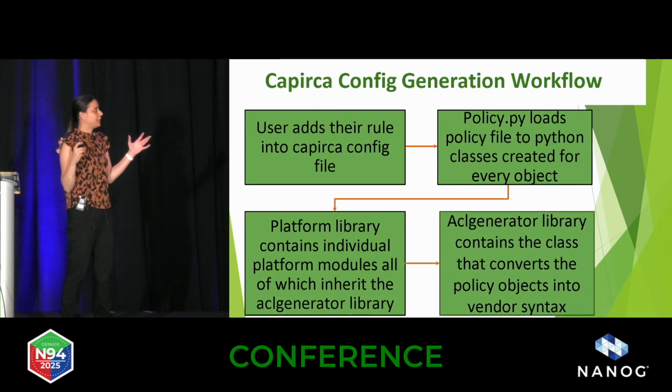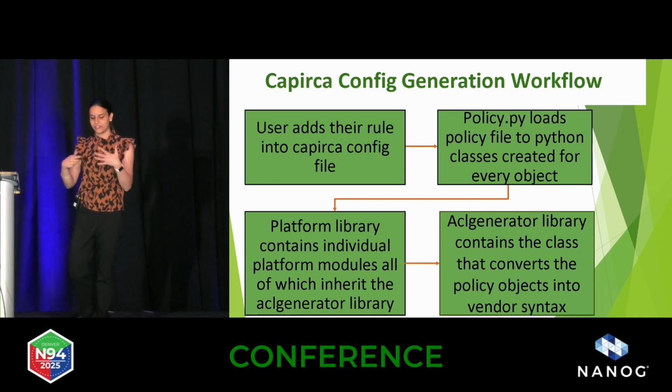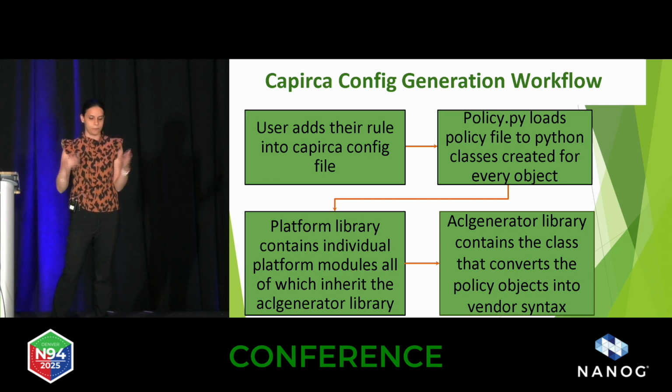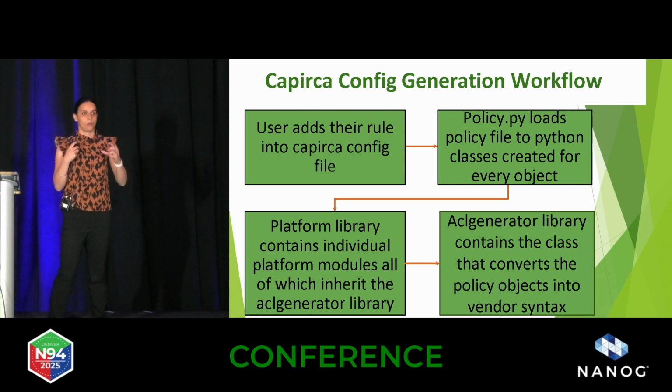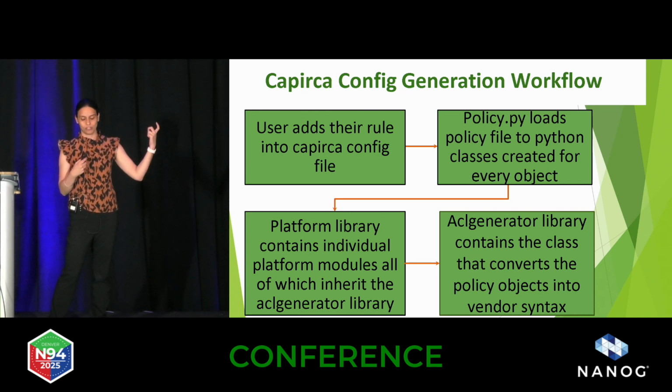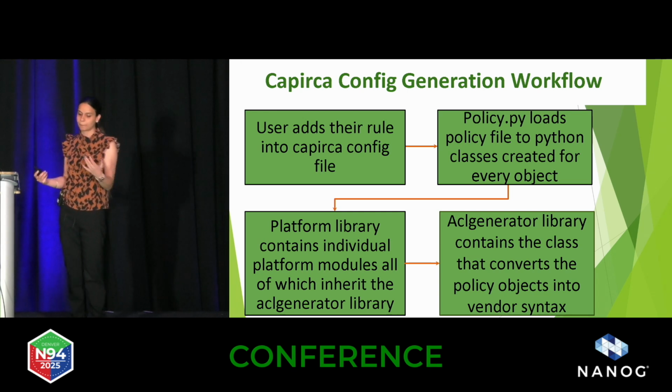Let's look at a brief Capirca config generation workflow. This is an overview of it. A lot of things go on under the hood, but I'll just walk through it briefly. The user adds the rule into the Capirca config file. We have a policy.py file that loads the policy file, which is the vendor-neutral policy file, into the Python classes that are created for every object.